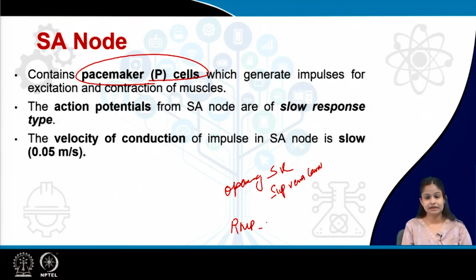In cardiac muscles also, the ventricular myocytes have a resting membrane potential of minus 90 millivolt, but the nodal tissue, specifically the SA node, has an RMP of minus 50 millivolt. So, the action potential in the SA node is slow type, which is mainly because of calcium ion influx, and the velocity of conduction of this impulse is also slow, that is 0.05 meter per second.